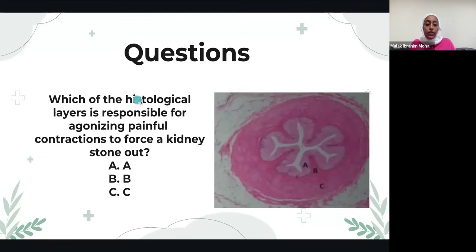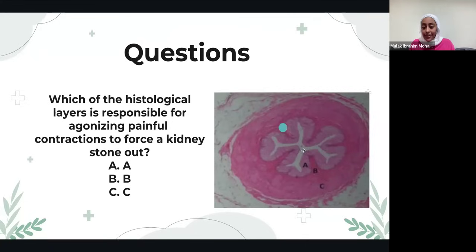They're asking you which of the histological layers is responsible for agonizing painful contractions to force a kidney stone out. Think what part should do this. Okay, I'm getting different answers.